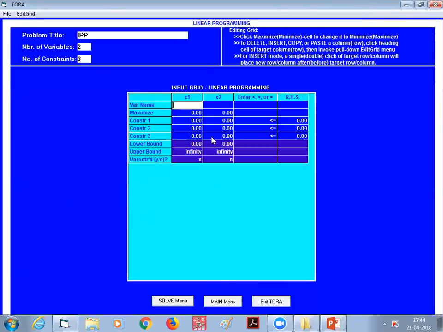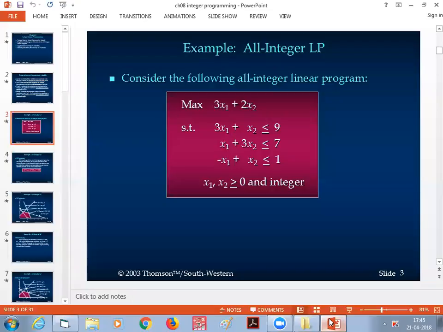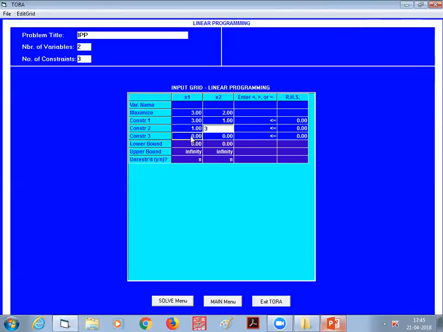We're maximizing 3x1 plus 2x2, with constraints 3x1 plus x2, x1 plus 3x2, and minus x1 plus x2. The right-hand sides are 9, 7, and 1.